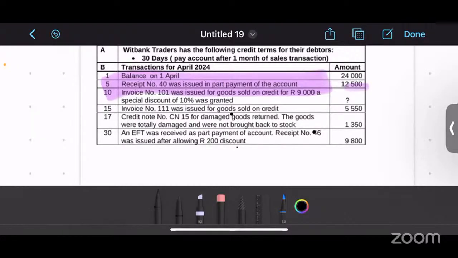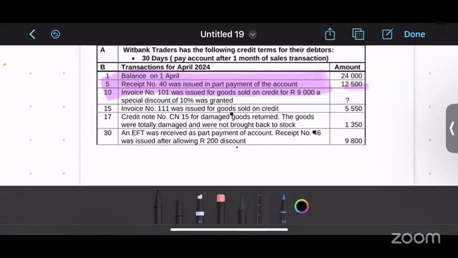So what they can do to increase their debtors' collection is increase the discount on payments. If somebody pays within, let's say, 10 days, they can give them an extra 5% discount for paying early. That will encourage customers to pay as early as possible so that they can get a discount, right? Yes, ma'am.